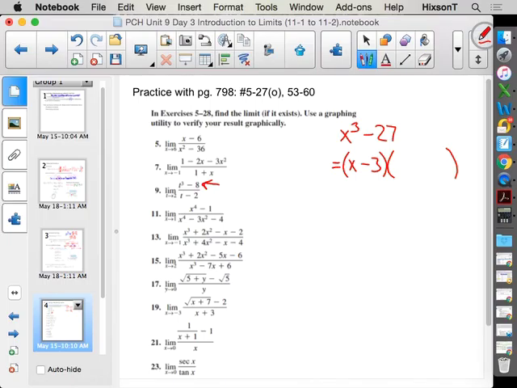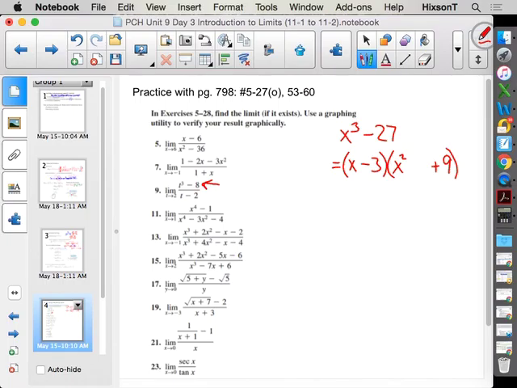For the trinomial, the first term is the first term here squared. So x squared is x squared. The last term is the second one here squared. So negative 3 squared is positive 9. This last one will always be positive because you got it by squaring whatever was here.